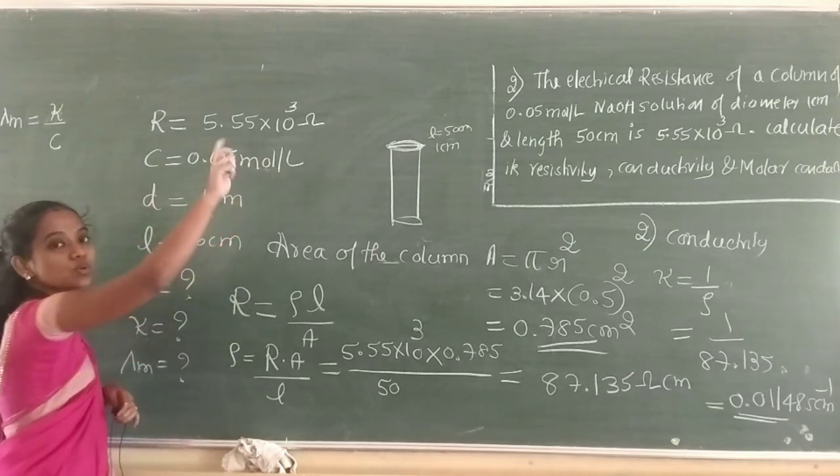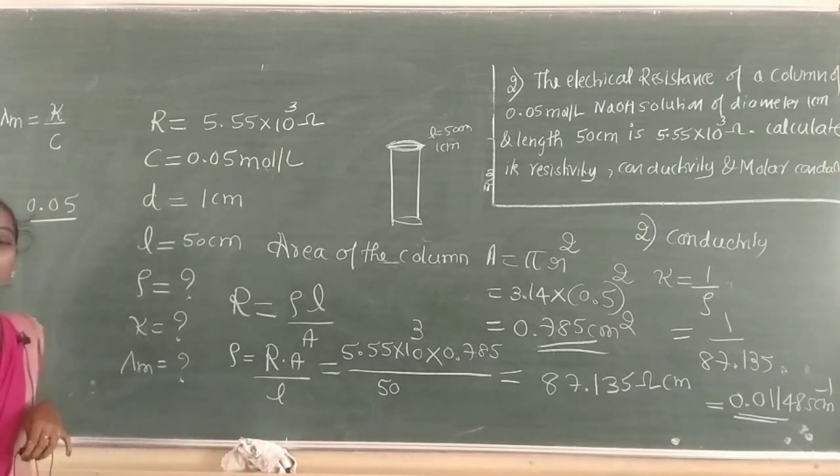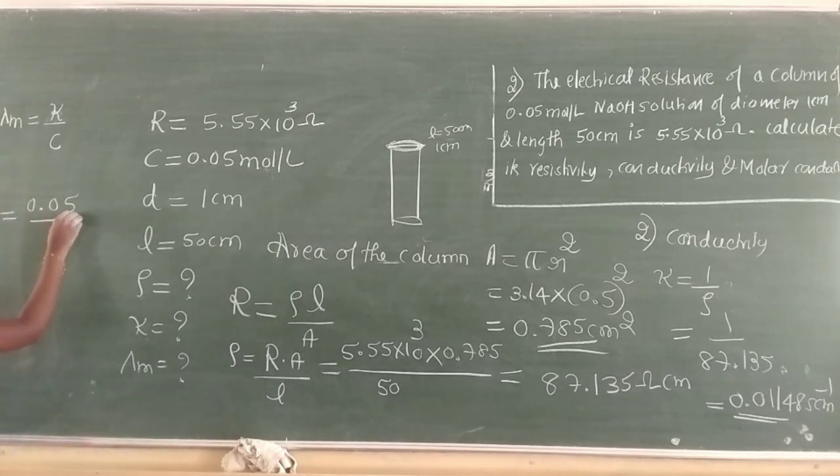Convert liters to centimeters. That is concentration 0.05. So number of moles divided by volume of the solution. If it is in terms of molarity, then what is the formula? Number of moles of the solute divided by volume of the solution in liters.